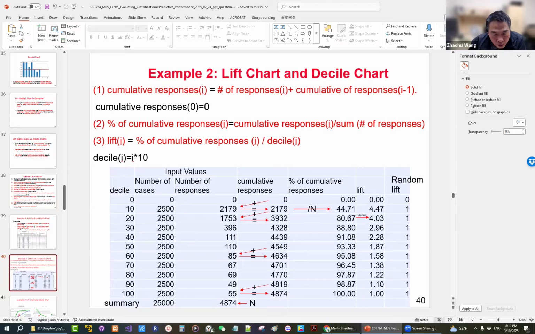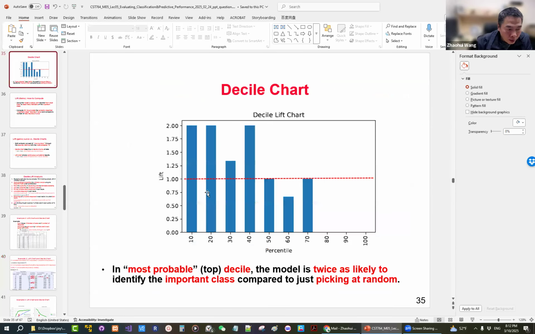We can see the values go from high to low, and the lowest value will be 1. The random lift value is the last column. The random lift is 1 by default, so that's why I plot it here as 1, the random lift value.